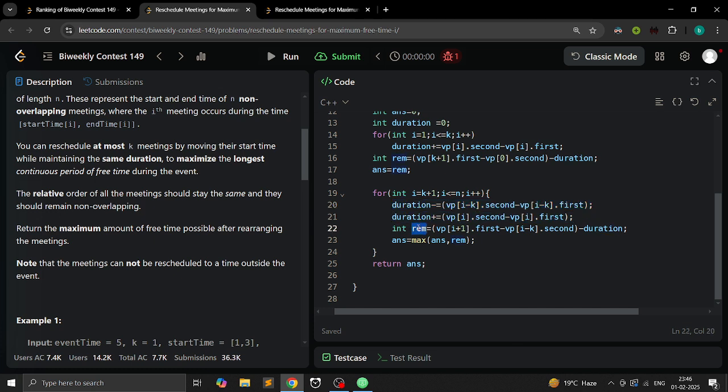And the remaining time I will calculate as the start time of the next block, the i plus 1 block, minus the end time of the last block. That would be my total event time, from which we need to subtract. Answer will be the max of all those remaining values. We'll return that answer.